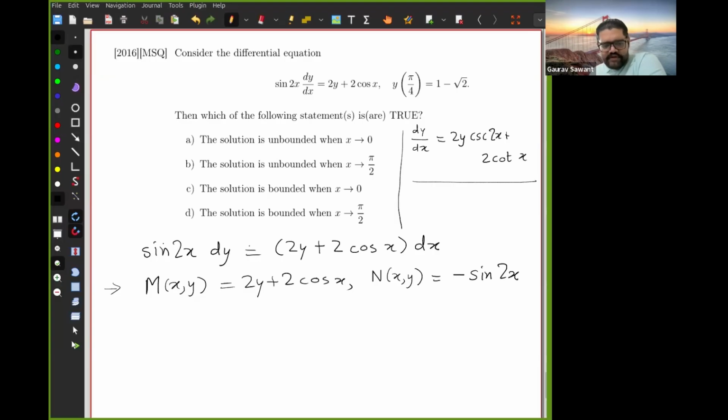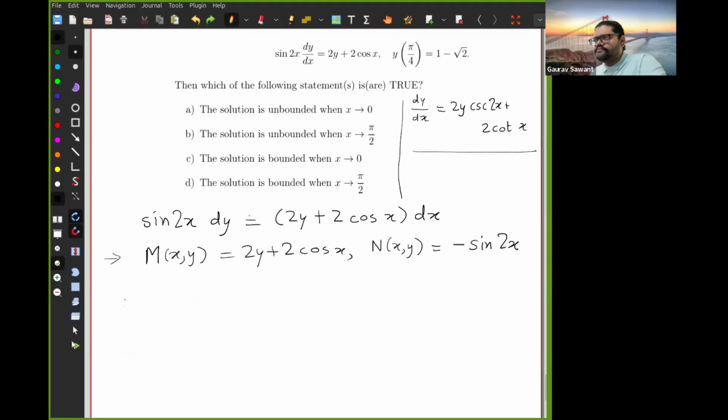In the form of this, let's see what we get. Integrating factor, let's see whether we can work.